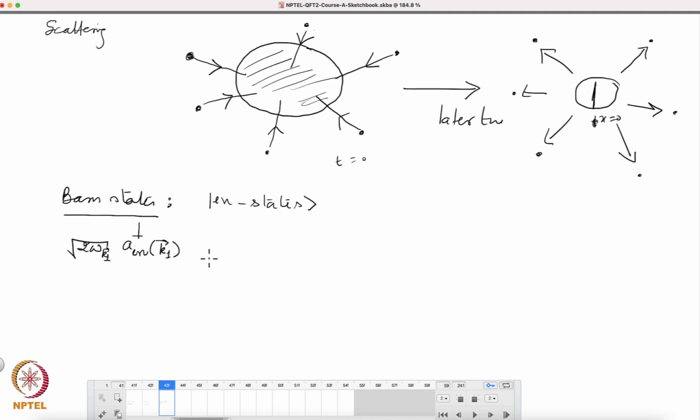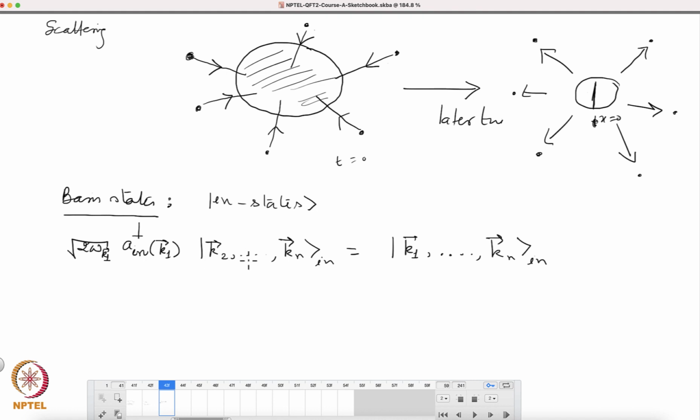So if I take this operator and act on an in state which carries these labels K2 to Kn, then it gives me a new in state which carries this K1 label also. That is what in effect we have learned in the previous lectures. And of course you can start with vacuum and then have first a single particle state or in state carrying only one label, and then you can repeatedly act with A in daggers to create such states.